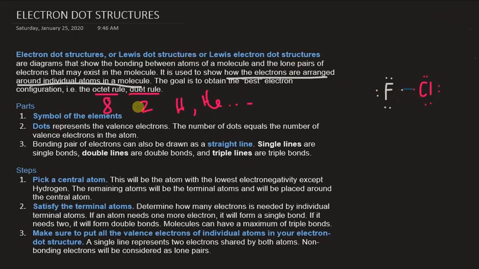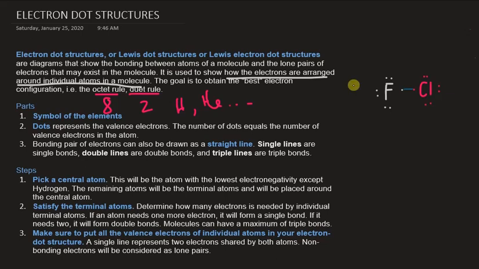So both of them now have 8 valence electrons. 1, 2, 3, 4, 5, 6, 7 plus 1 from the Cl atom. The same for Cl, it has 7 valence electrons, sharing 1 from the fluorine atom. So both of them are stable when they share one pair of electrons.